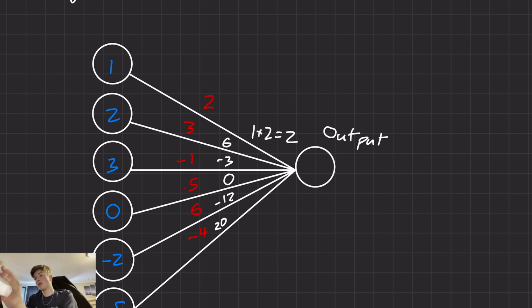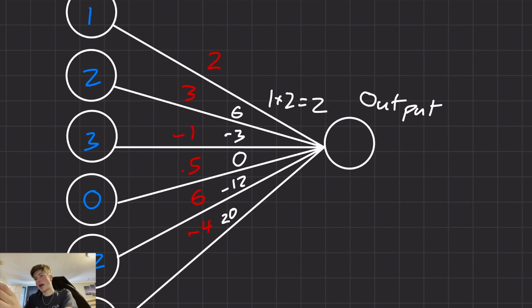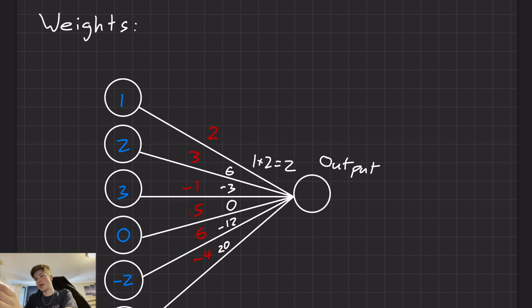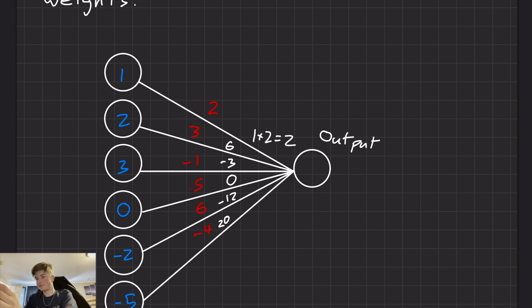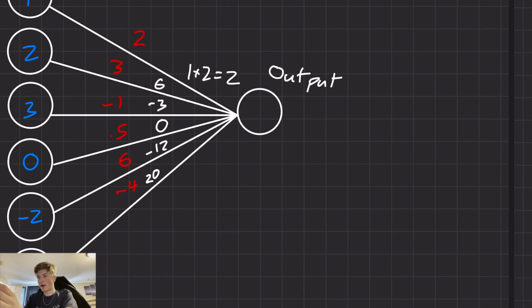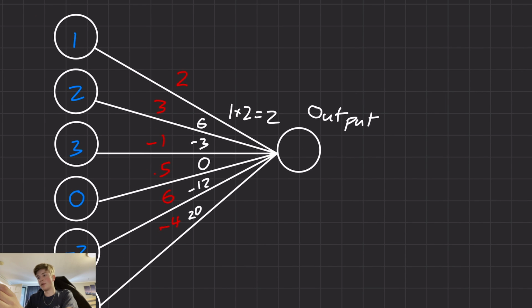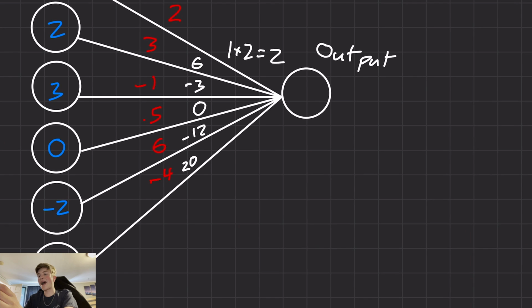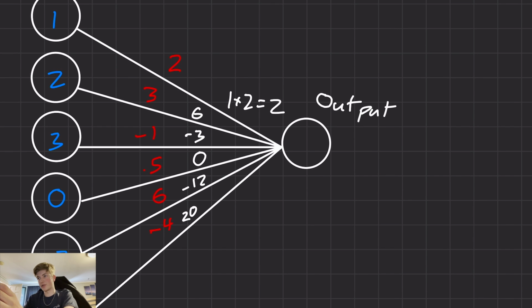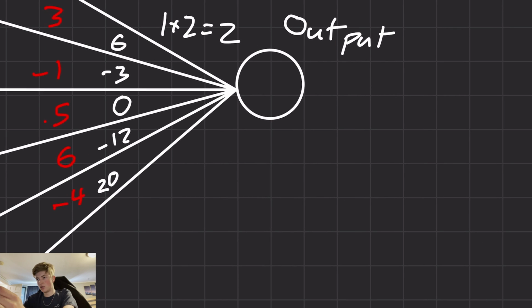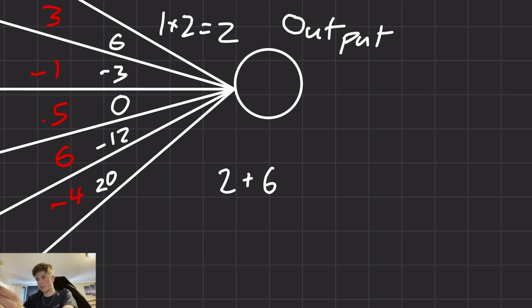But anyways, that is all that you have to know about weights. You're just multiplying scalars by another scalar. And we're actually going to talk about how we can do this in a faster way through vectors in just a second. But before we do that, we have to talk about what an activation is.